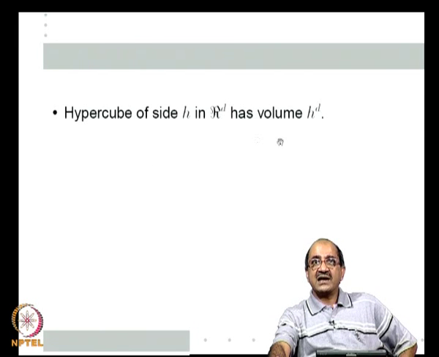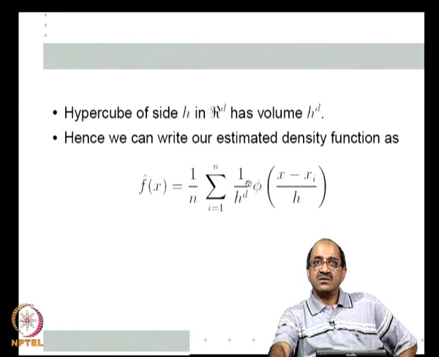Now, a hypercube of side h has volume h^d, putting all this together. The sum of this is the number of points, that is k, h^d is the volume, N is the number of samples, and k by NV was our estimate. So, I can write that nicely like this.